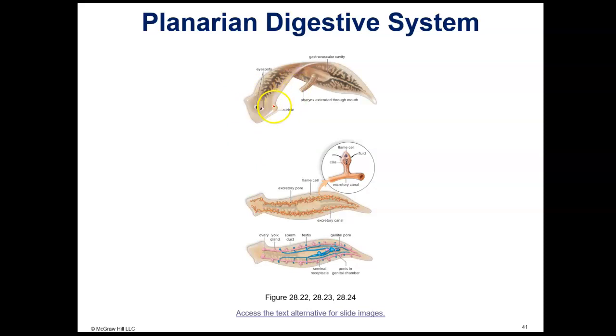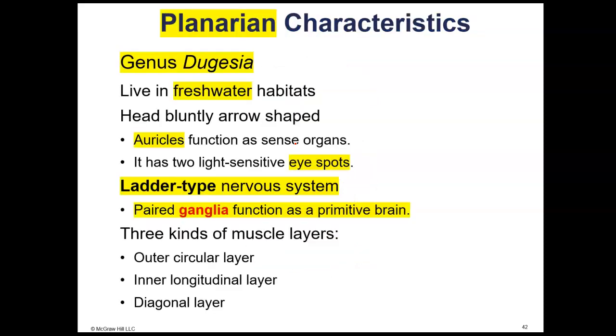You just touch them on the side you don't want them to go, and they will go the other way. So a planarian, as you can see, is a flat worm. If you cut through its body, it's solid all the way through. It doesn't have a body cavity or an open area where the organs are. The genus for these freshwater planarians is called Dugesia. They do have auricles that function as sense organs. Definitely they have the ability to sense touch.